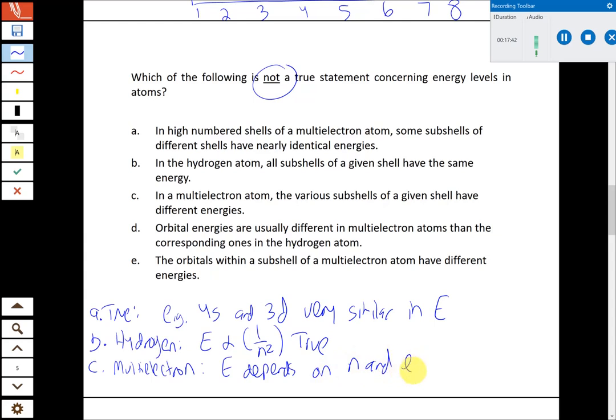So in the third shell of a multi-electron atom, 3s, 3p, and 3d would be at different energies, and that's why they get filled in that order. 3s gets filled before 3p, and 3d doesn't get filled until after. So these are both true as well.